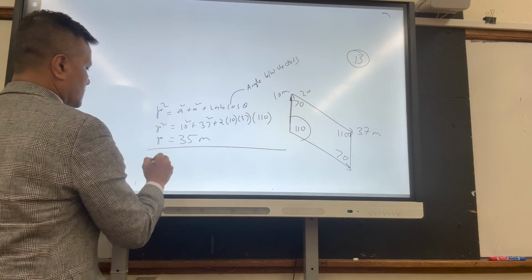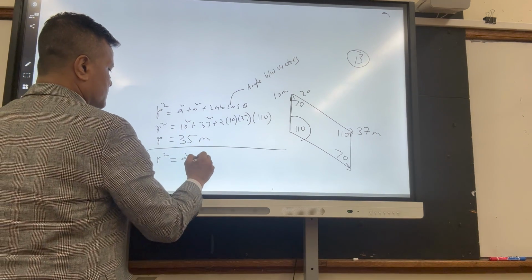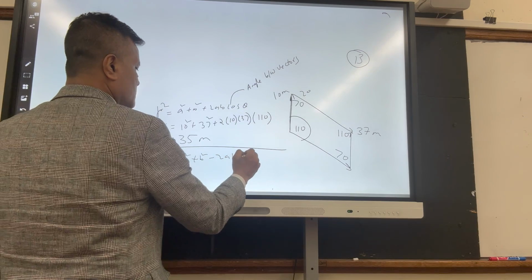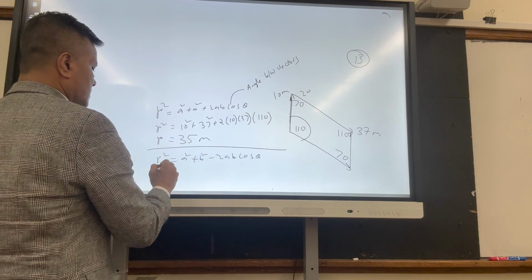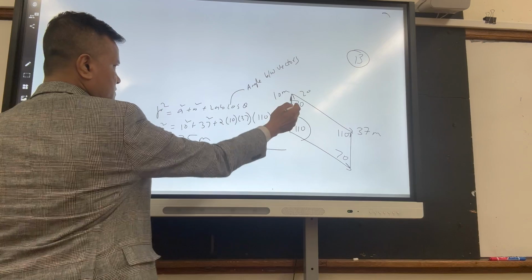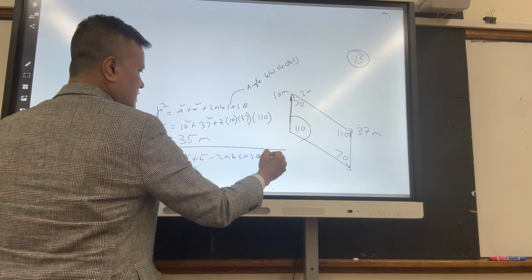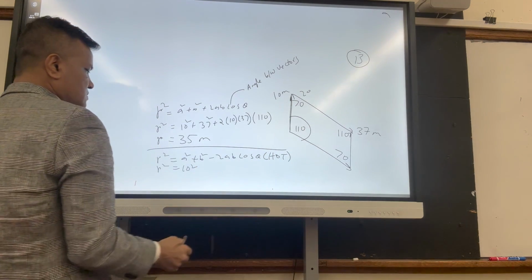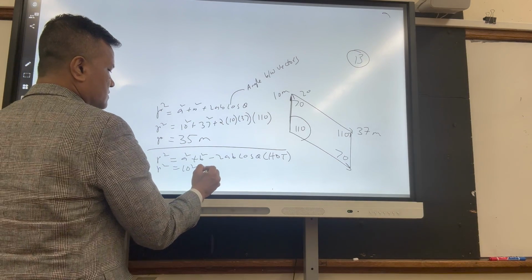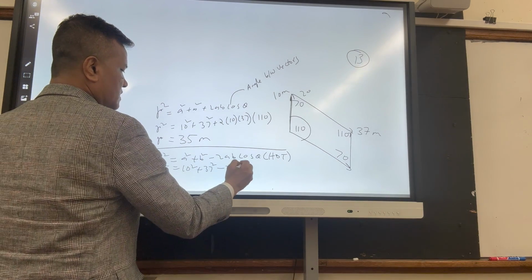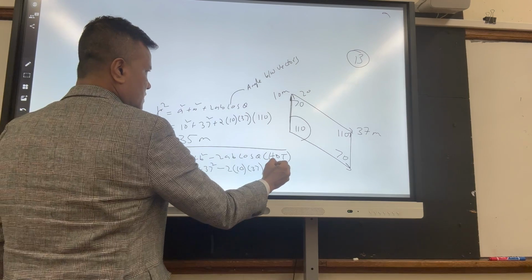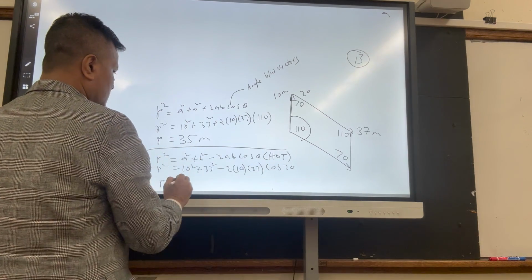Now, if you do R squared equals a squared plus b squared minus 2ab cosine theta, law of cosine, then you have to use 70 because head and tail. Law of cosine uses head and tail. 10 squared plus 37 squared minus 2 times 10 times 37 cosine 70, and that also gives you 35.